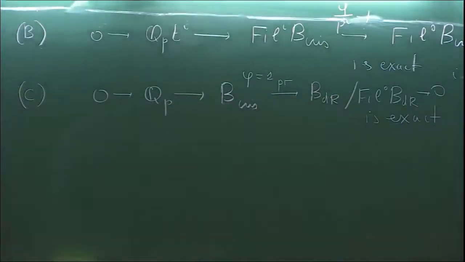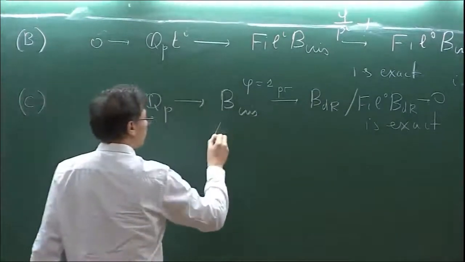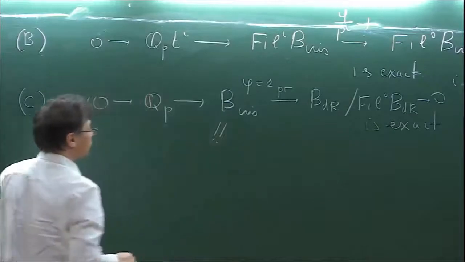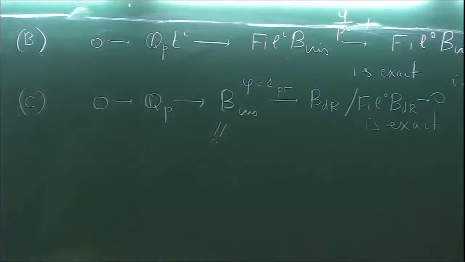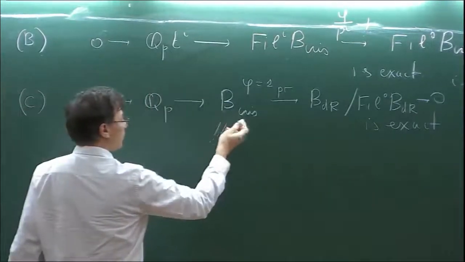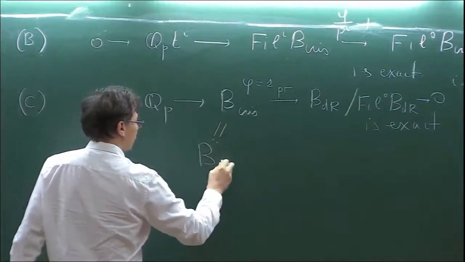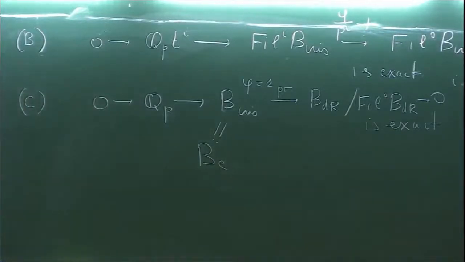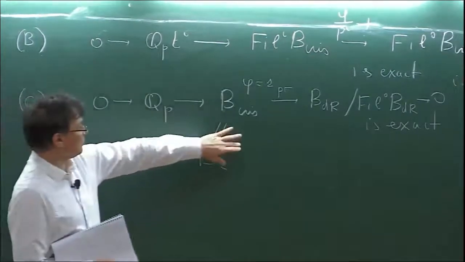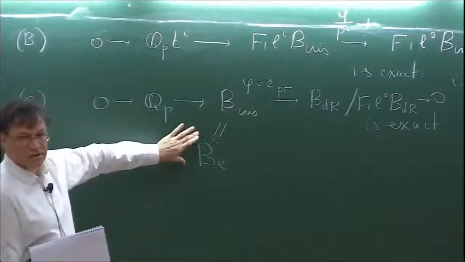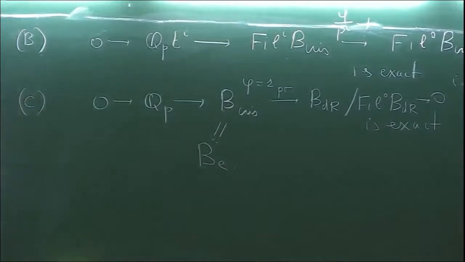And in Fargues-Fontaine theory, usually this ring is denoted by B_e because of its importance.